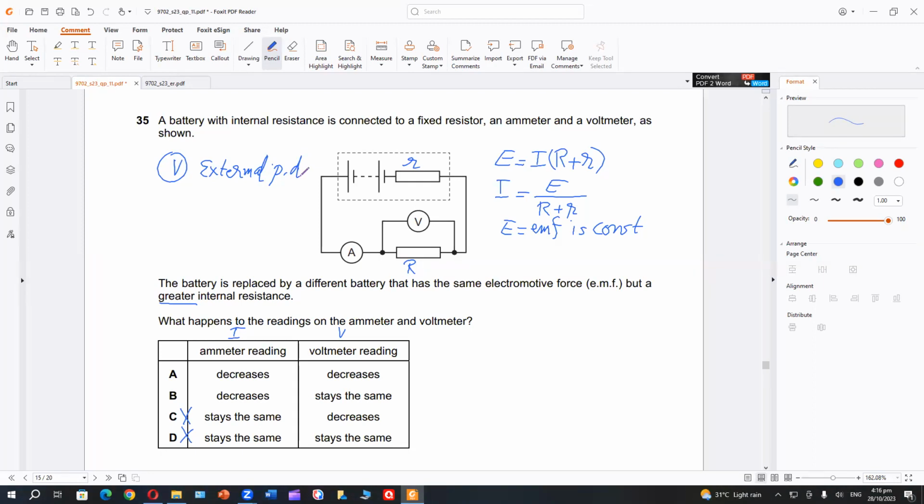So V across R decreases, because the total is the same: terminal PD and internal PD sum to the EMF. It is logical that if the battery is 10 volt and the internal resistance takes more voltage, less voltage is available outside.